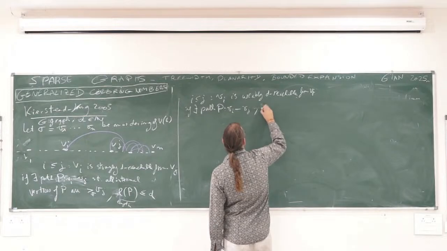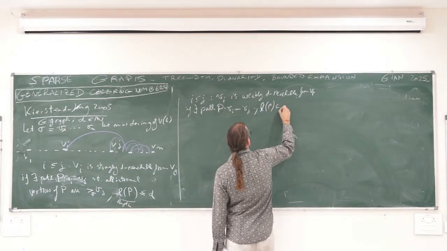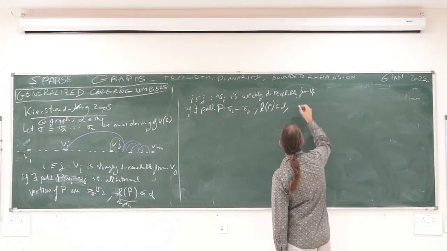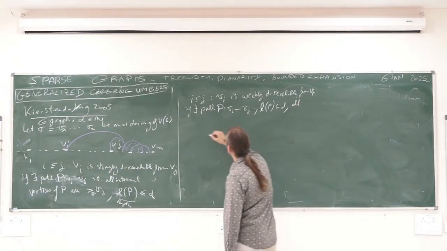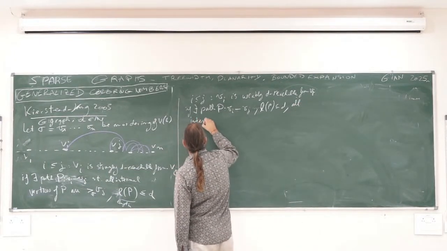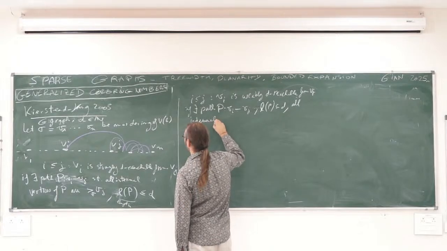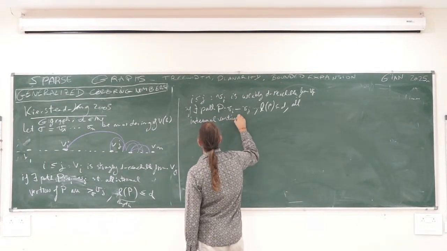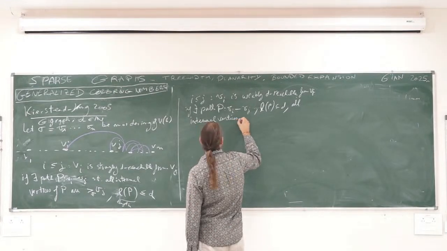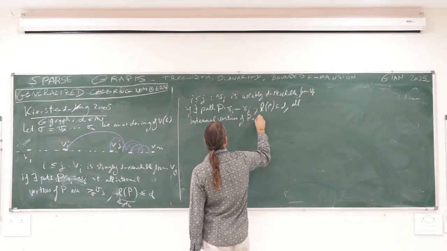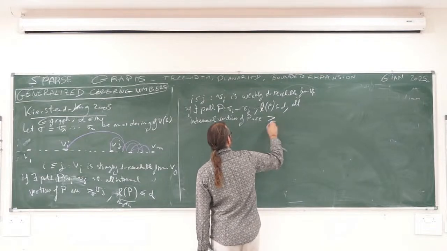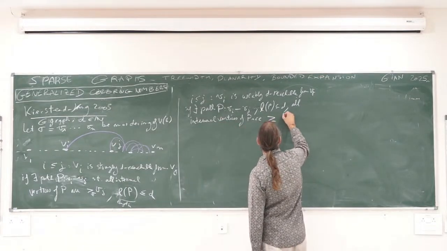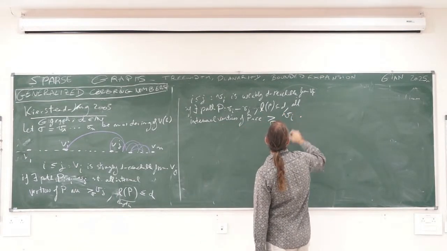The path P, the length of P again is at most d, and all internal vertices this time will be to the right of Vi, not Vj. All internal vertices of P are to the right with respect to sigma of Vi.